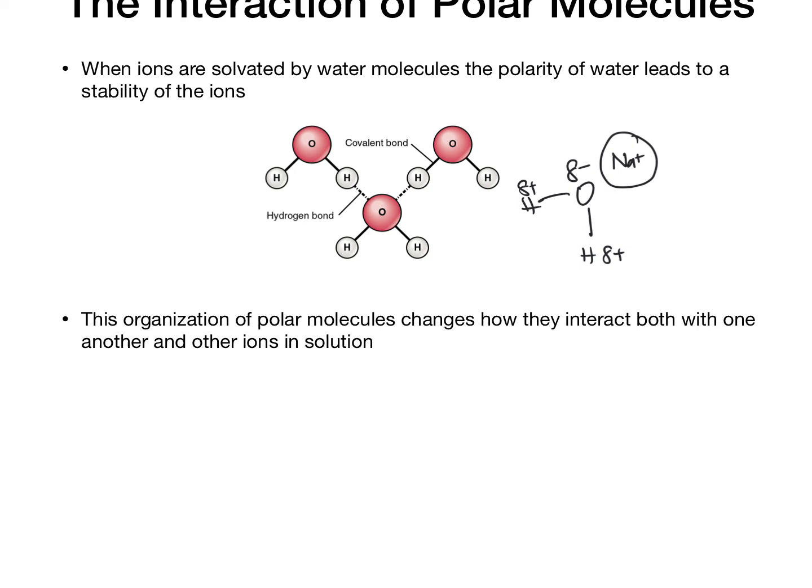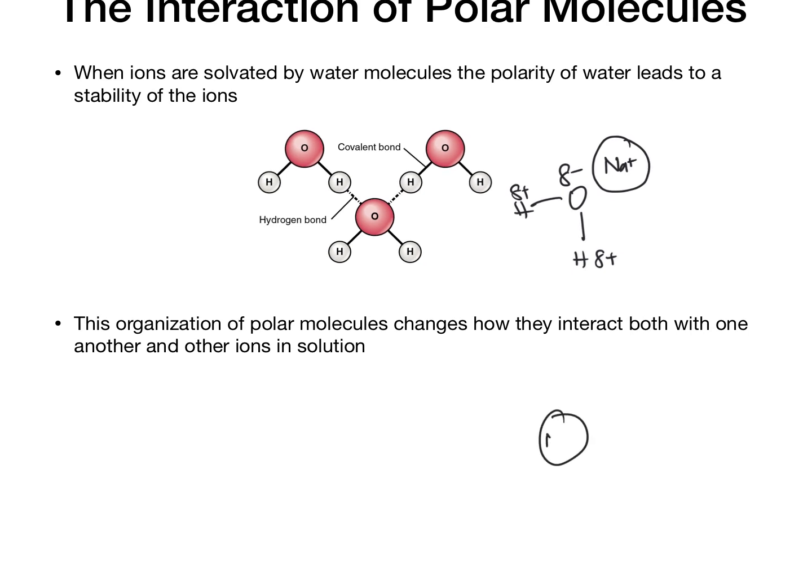If instead we were to have a sodium ion surrounded by a series of nonpolar compounds, in this case liquid methane, CH4, this methane is not going to affect or stabilize the sodium ion in any way, shape, form, or fashion.